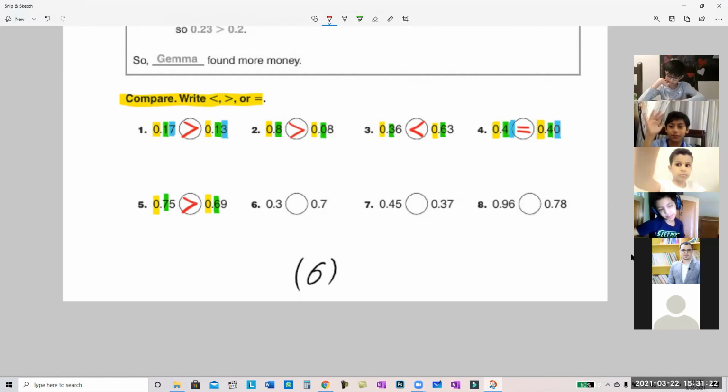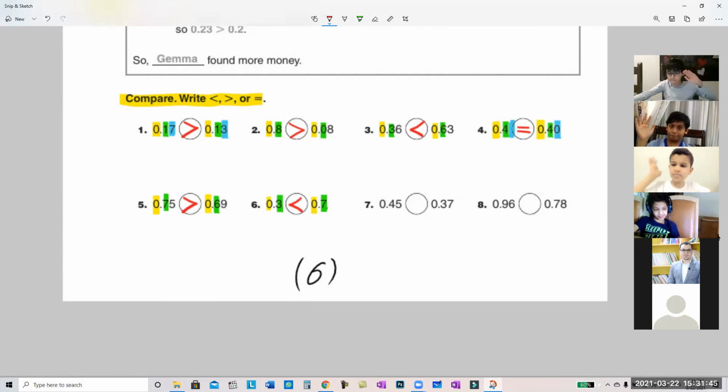Okay, Abdulaziz, can you help me with number 6 as well? Okay, so we have here 0 and we have here 0, right? And we have here 3 and we have here 7. So 7 is more than 3. 7 is greater. Thank you so much, Abdulaziz.